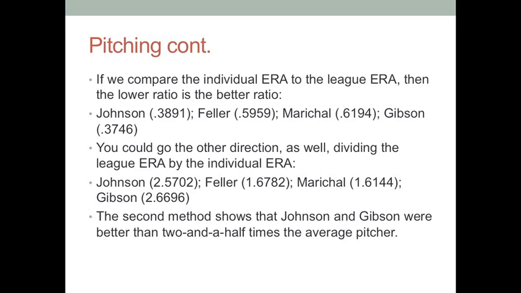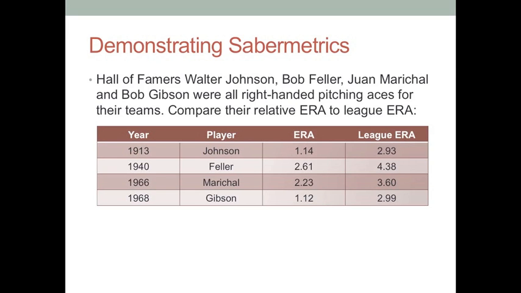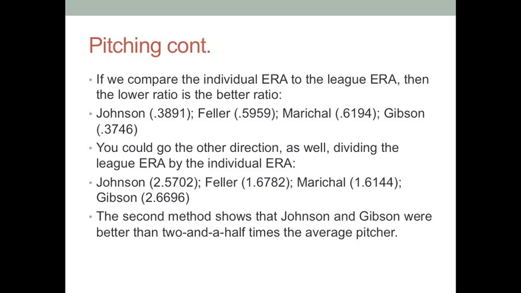So for Johnson, we have .3891, Feller .5959, Marichal .6194, and Gibson .3746. So that is dividing their ERAs. So back on this page, Johnson, we divided 1.14 by 2.93 to get his .3891 number.